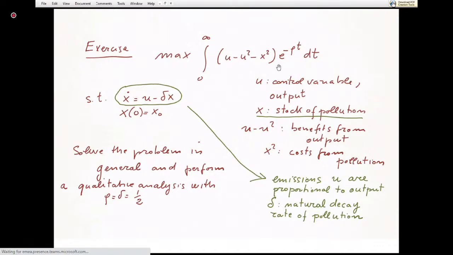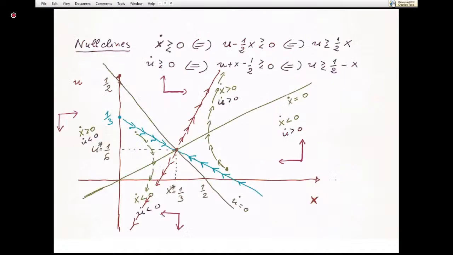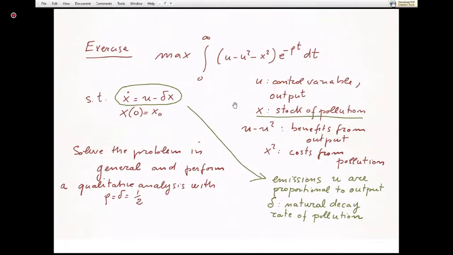But anyway, you find basically the same solution with a completely different interpretation. So you can just try to derive, also in this case, the saddle path, and try to understand what happens. Of course, here the stock variable is the pollution, the control variable is u, which is the level of output.